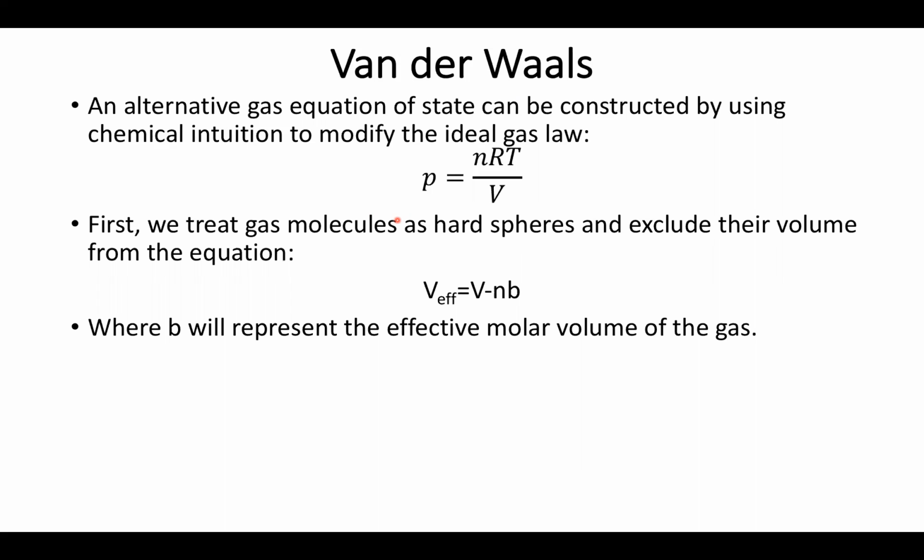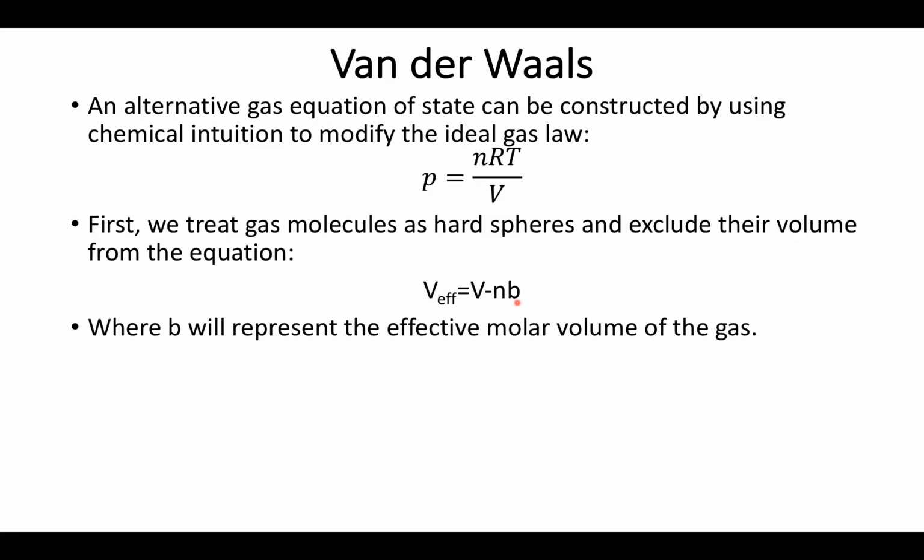So the first thing we need to do is include the actual volume being occupied by our gas. Where we traditionally just use the volume of our container, in truth, the volume that our gas has to move around in is the volume of our container minus the volume occupied by the gas, which we represent by the moles of gas times b. So b is an empirical coefficient, one that's determined experimentally, that is a stand-in for the molar volume of the gas.